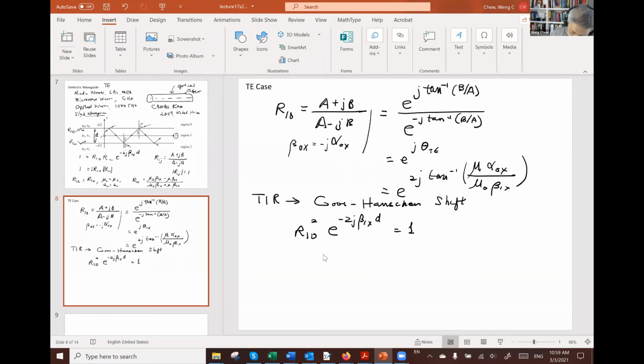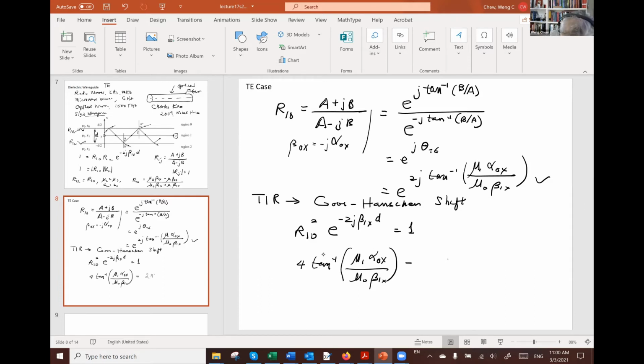And if you square this and take the phase of that, in order for this equation to be equal to 1, it must be for the arctangent, I put a factor of 2 in because of the squaring, so that becomes that one. Okay, mu 0, beta 0, beta 1x. This must be equal to 2n pi.